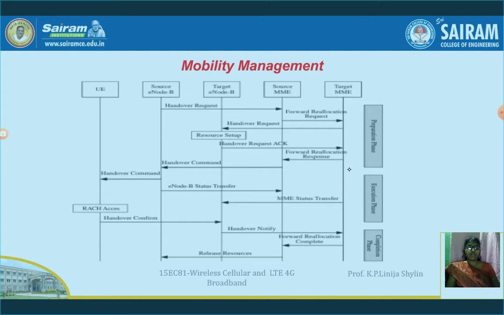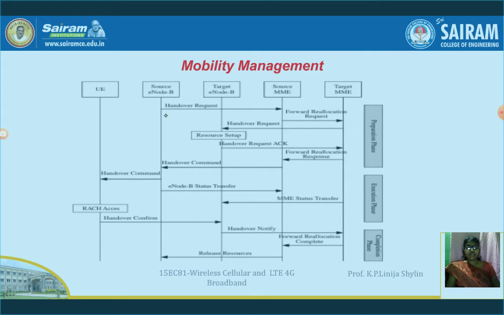Now we will see what is happening in the preparation phase. Once the handover decision has been made, we need to identify the target mobility management entity and eNode B. Once we identify these two, the network will allocate the resources on the target side.